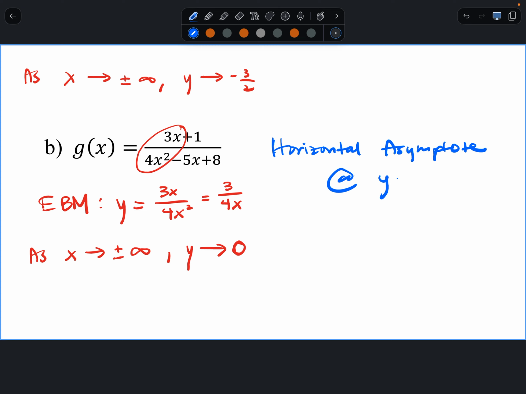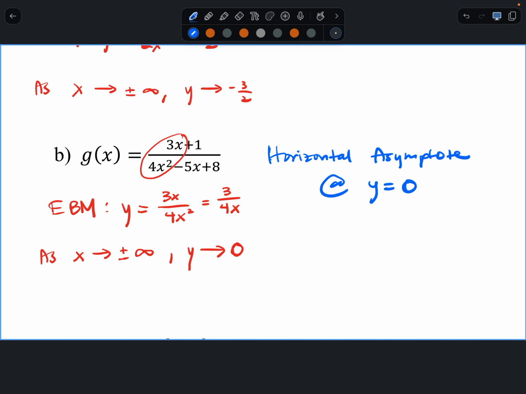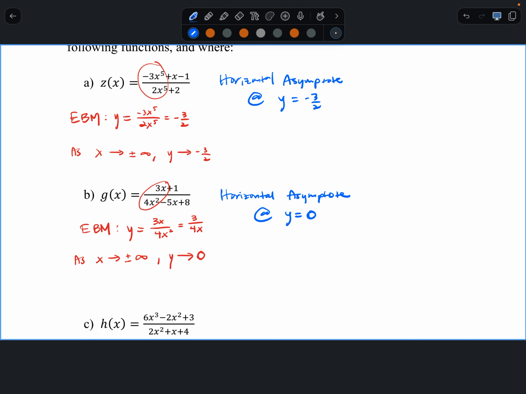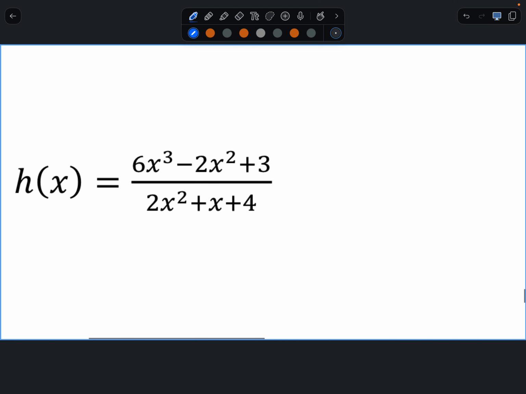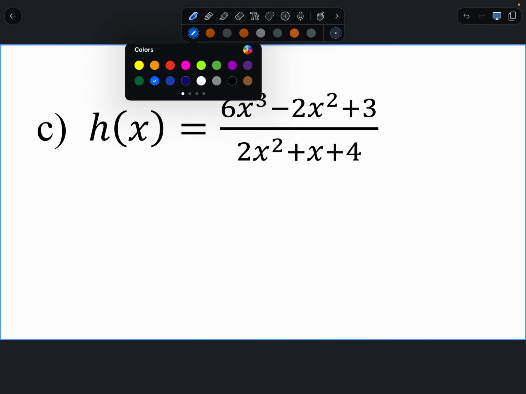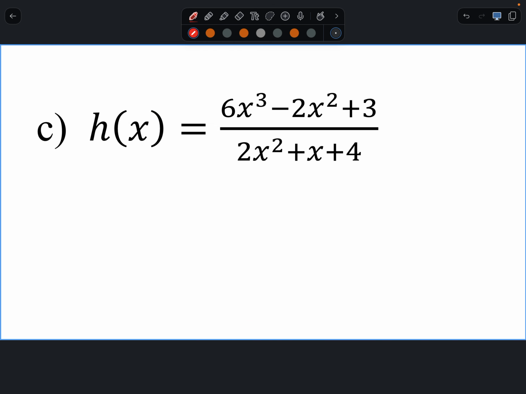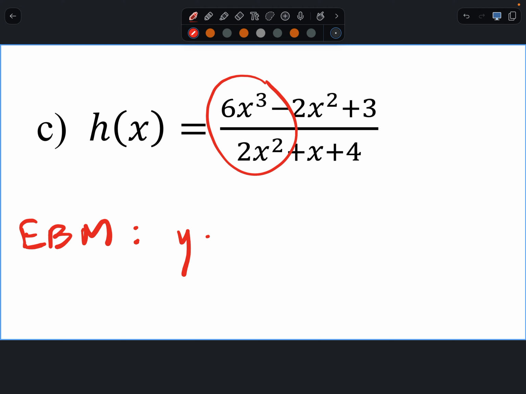Okay, in the case that the degree of the numerator is exactly one more than the degree of the denominator, your end behavior model will be linear, right? We get y equals mx. If you were to do the division and rewrite n of x over d of x in this form, you would get this, right? mx plus b would end up being your quotient, in the case that the degree of the numerator is exactly one more than the degree of the denominator.